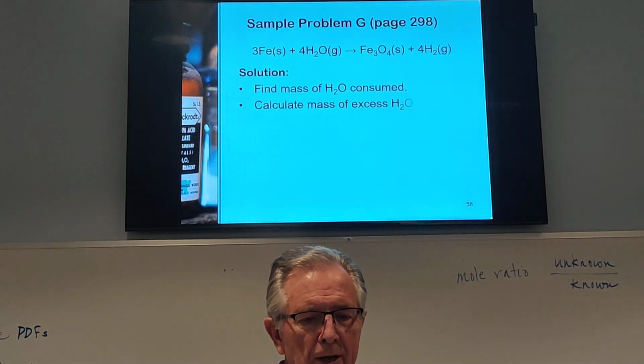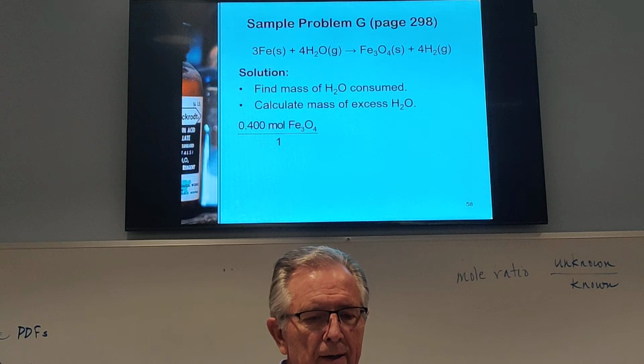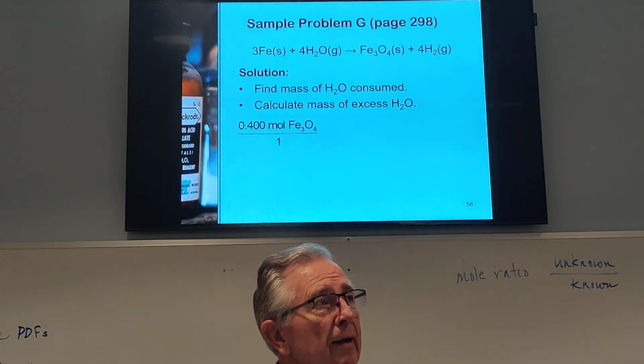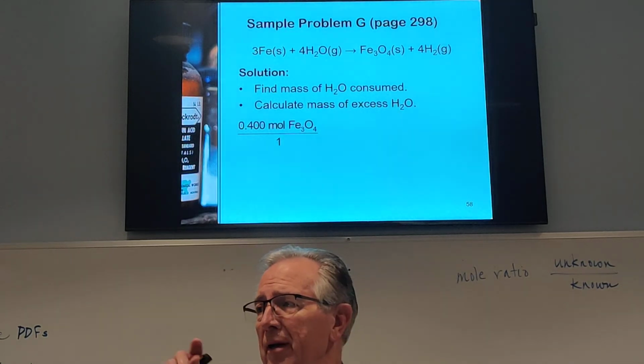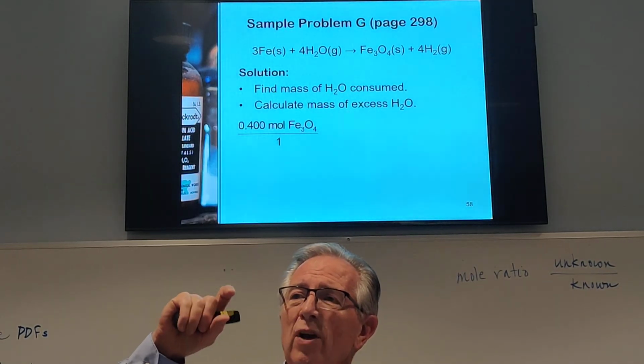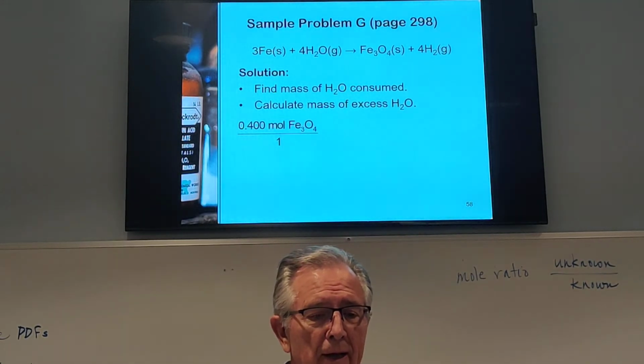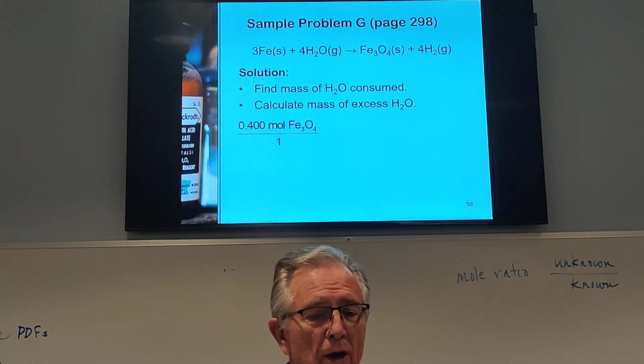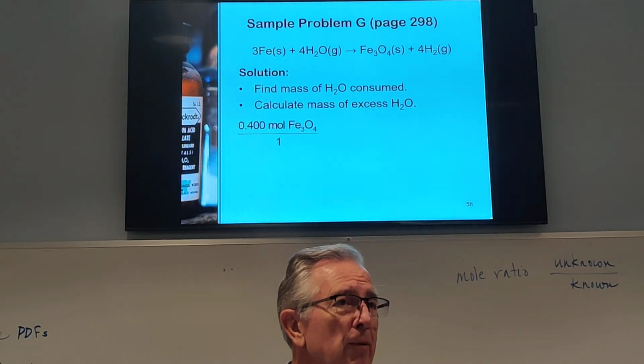Okay? So we know already that we need 0.4 moles of Fe3O4. Let's figure out then how much water I need with that. Well, it looks like for the water I need 4 times as many moles, right?